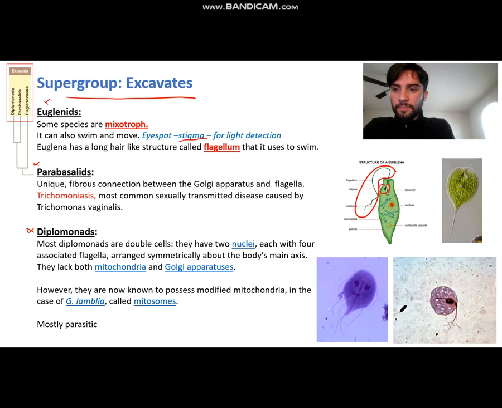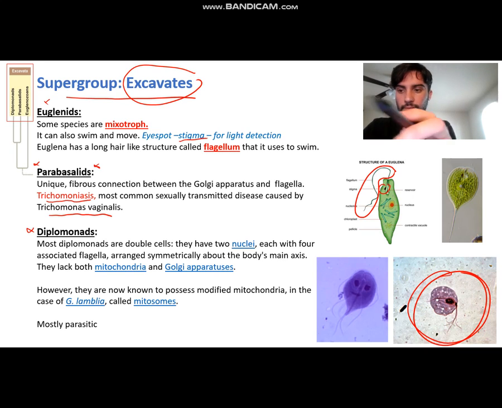Parabasalids, these guys here. The disease trichomoniasis, the most commonly sexually transmitted disease, is caused by Trichomonas vaginalis. It's a parabasalid, and they're excavates. Okay, and the diplomonads are actually two cells that are bound together.